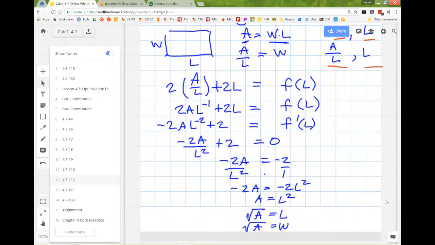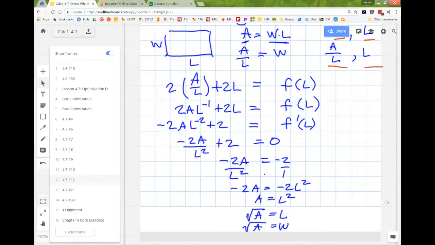So I came up with the length being the positive square root of A. Why only the positive square root? Because a rectangle can't have a negative length. So here's a case where the practical conditions of the problem, not because the book said give me 2 positive numbers, but because we're dealing with a rectangle and rectangles can't be negative.